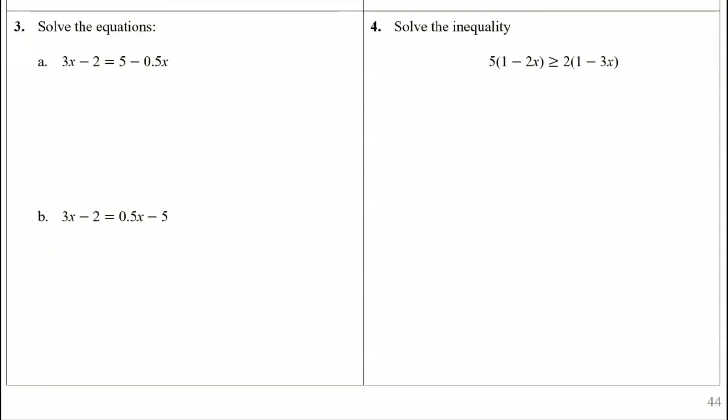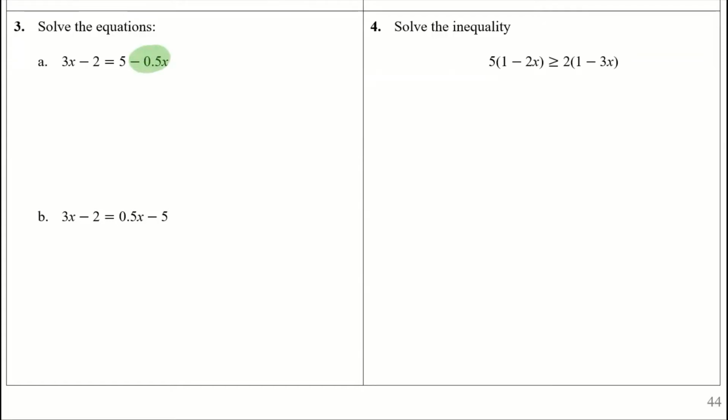Okay, and a change of approach here. For question 3, we simply have to solve 2 equations. Now, you should have had quite a lot of practice with this in year 1, quite early on and at GCSE. So nominate a side where x is going to go and make the necessary changes. So I'm going to start off by adding 0.5x to both sides.